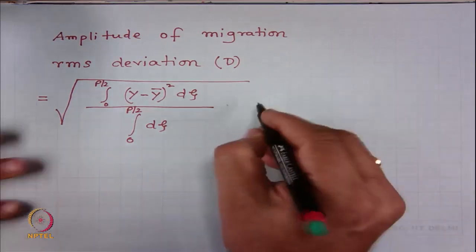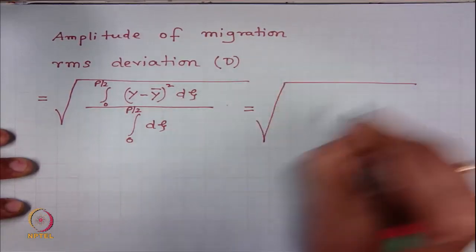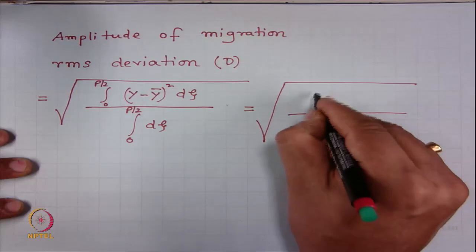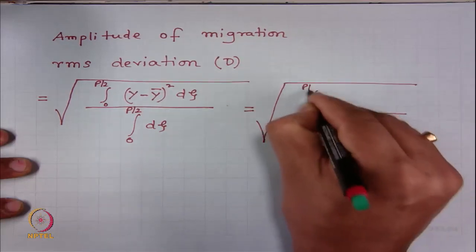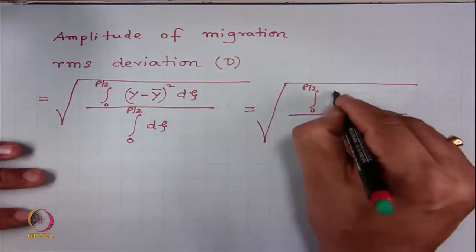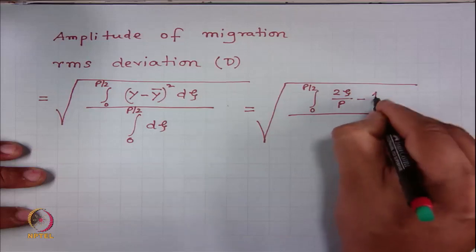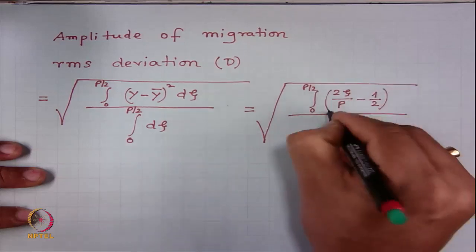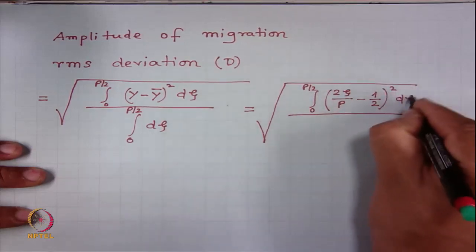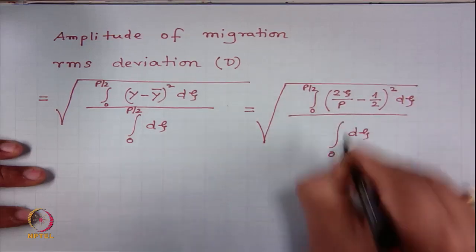So, what is your y? y is your 2 zeta by p. What is y bar? Half. Then the integral of the square, d zeta.